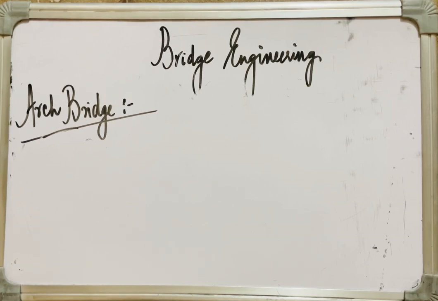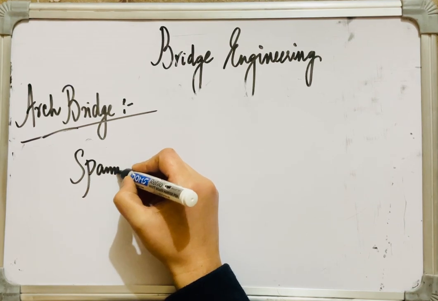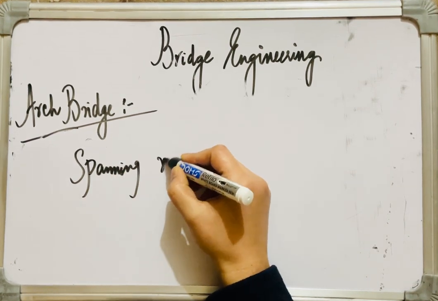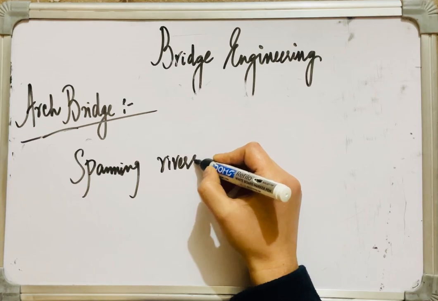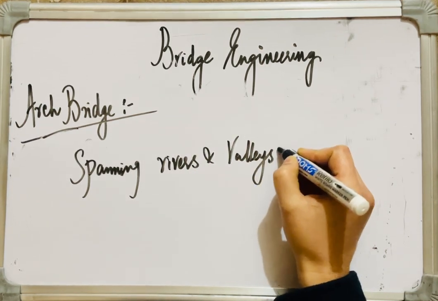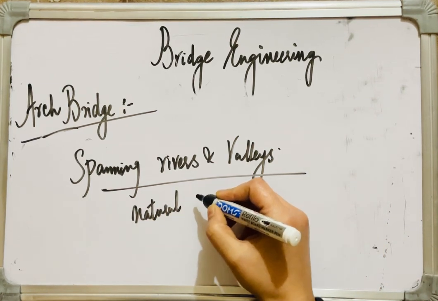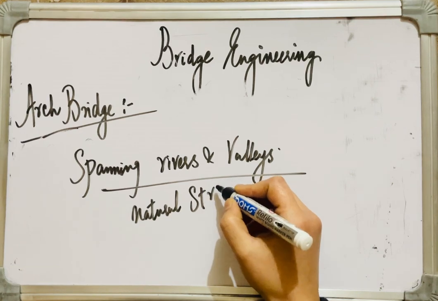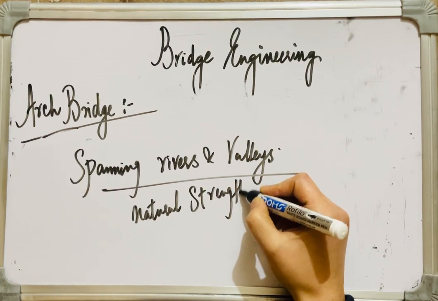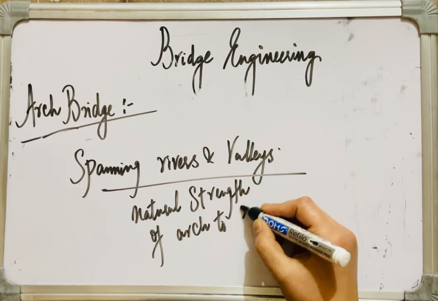And this graceful curved design of these arch bridges makes them ideal for spanning rivers and valleys, because they rely on the natural strength of the arch to support the loads.